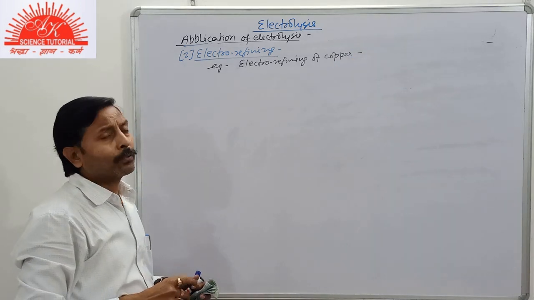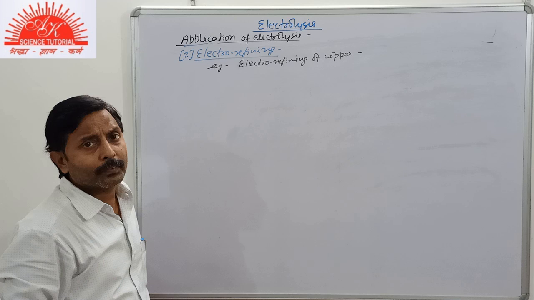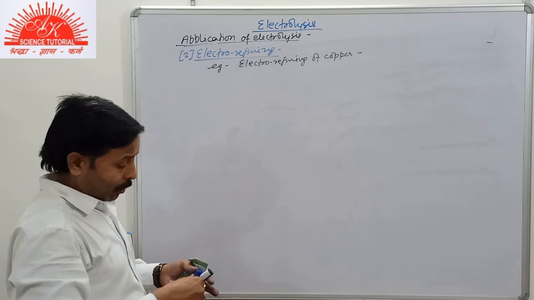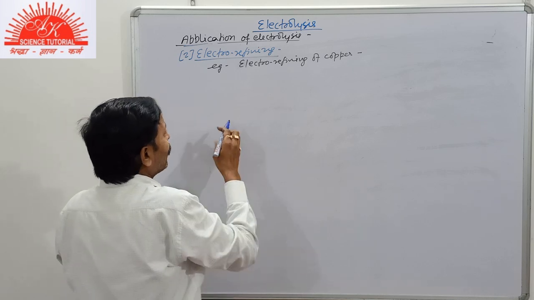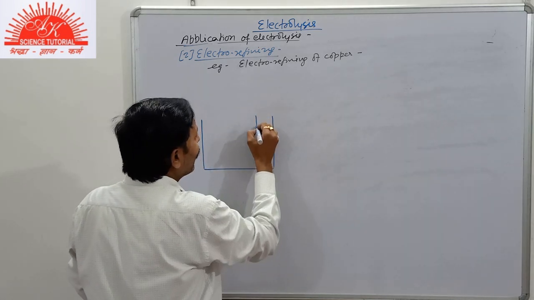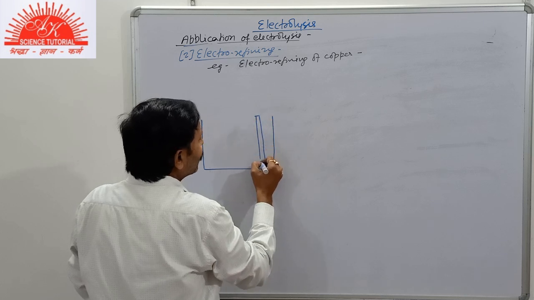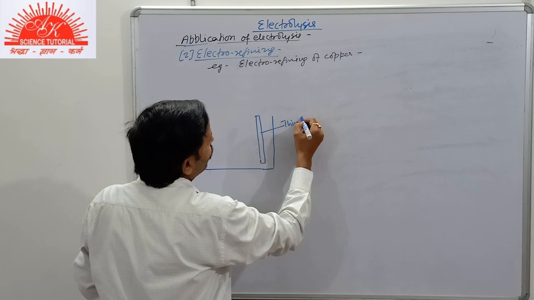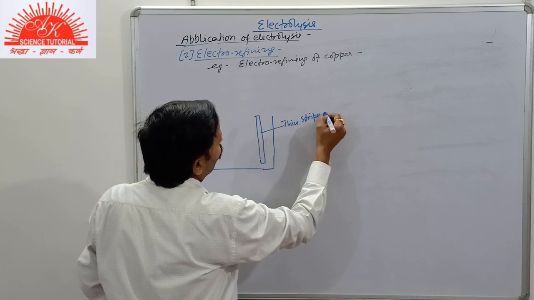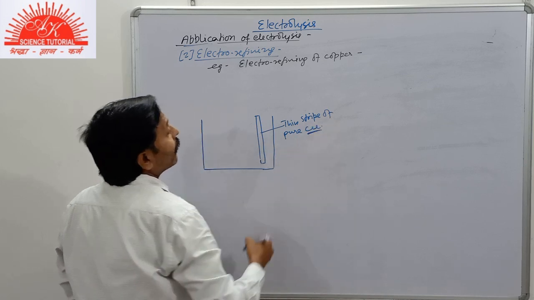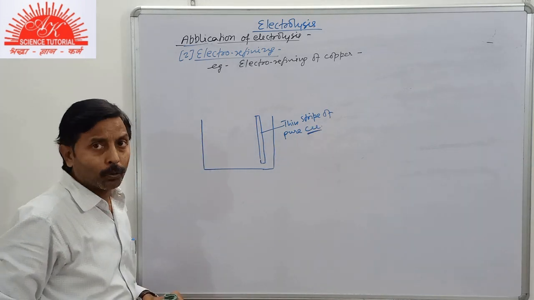Now again we will have to arrange the setup. How is it arranged? Since we have to refine, whenever we have to refine, a thin strip of pure copper is taken at the cathode.